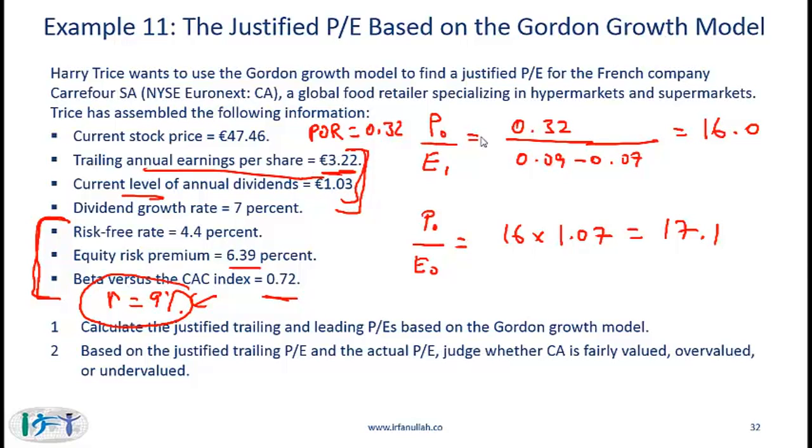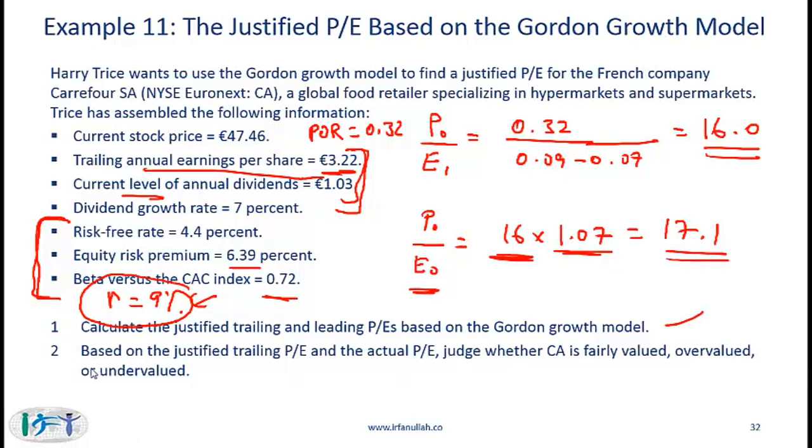The leading PE ratio is the payout ratio of 0.32, and here we are assuming that the payout ratio stays the same, divided by R minus G, and that is 16. The trailing PE ratio is the leading PE ratio times 1 plus growth rate, that is 17.1. This answers question number 1.